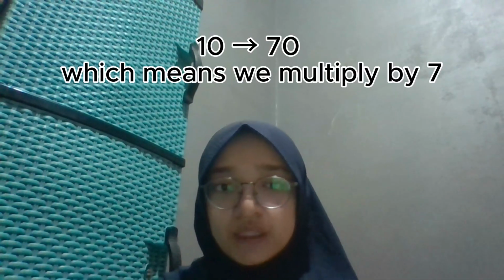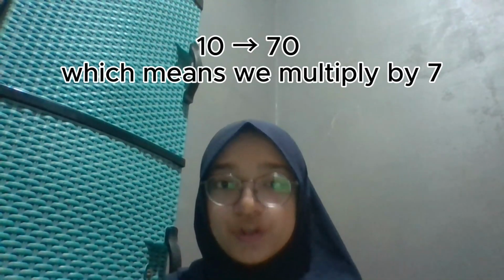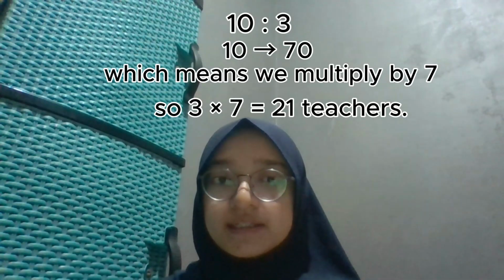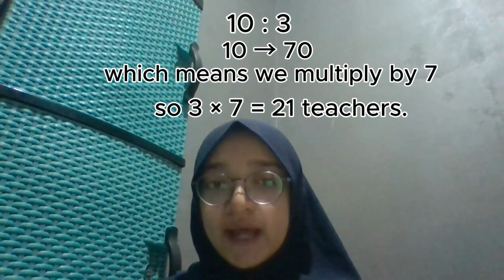If there are 70 students, how many teachers should there be? Okay, 10 becomes 70, which means we multiply by 7. So, 3 times 7 is equal to 21 teachers. This uses equivalent ratios.